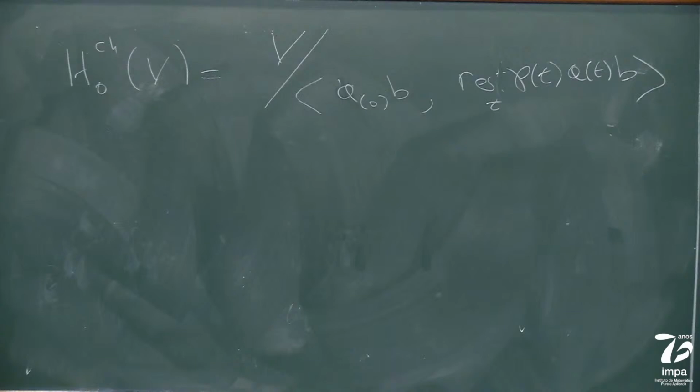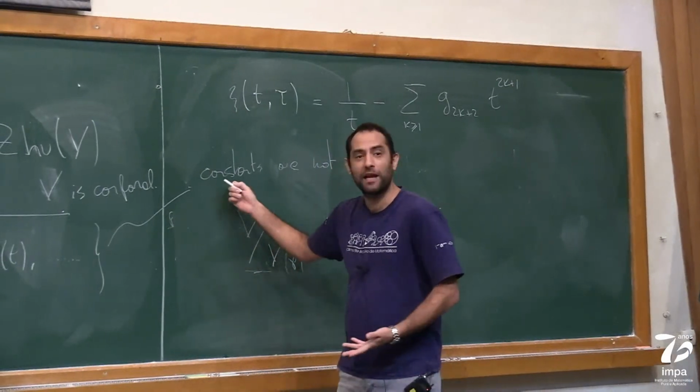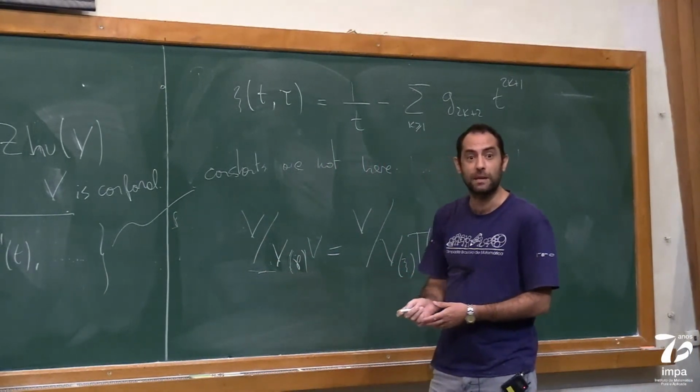So this really wants to be like a Zhu algebra, and it appears in chiral homology in degree 0.